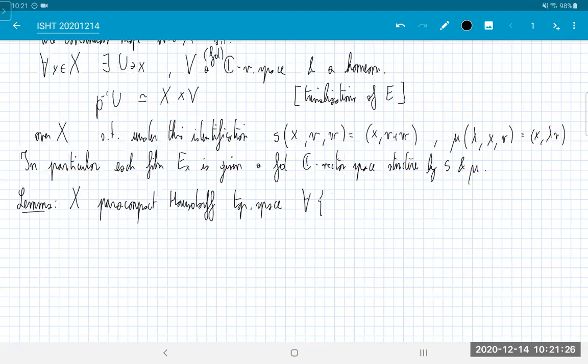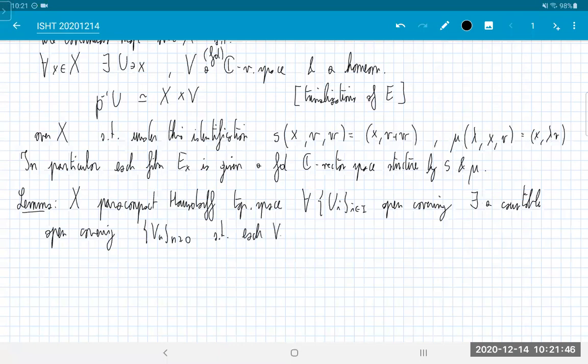Then for every open covering U_i, there exists a countable open covering V_n such that each V_n is the disjoint union of V_{n,i}, with V_{n,i} an open subset of U_i. The V_{n,i} are disjoint. That's very important.